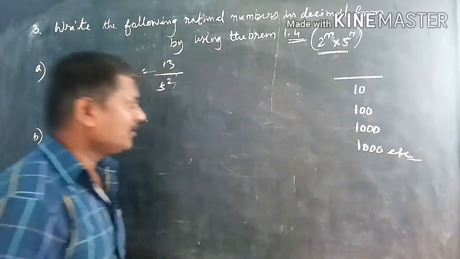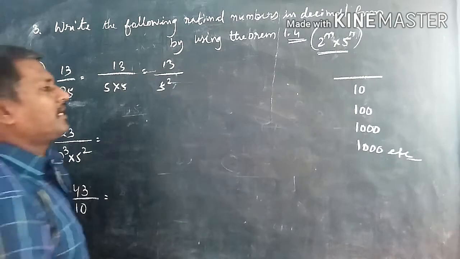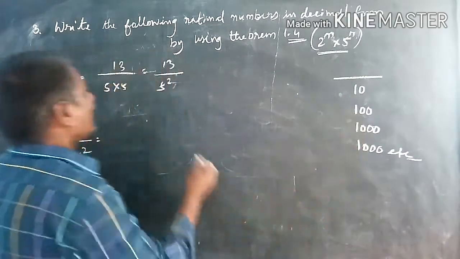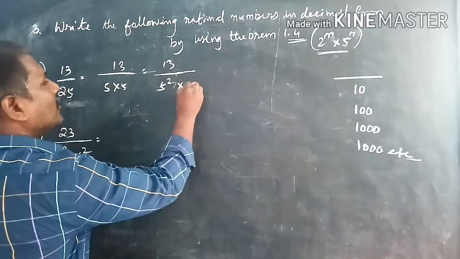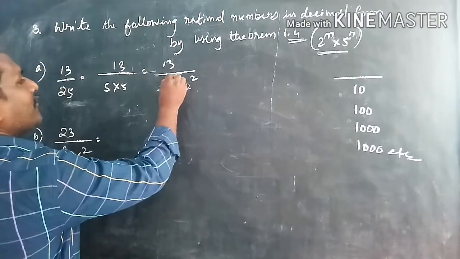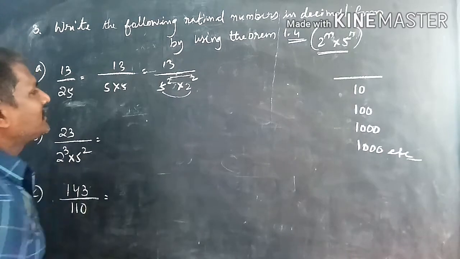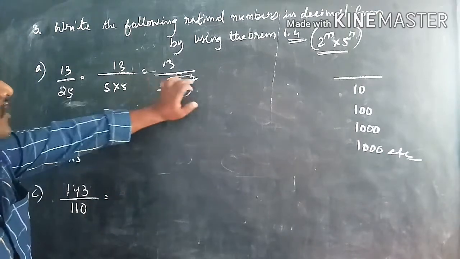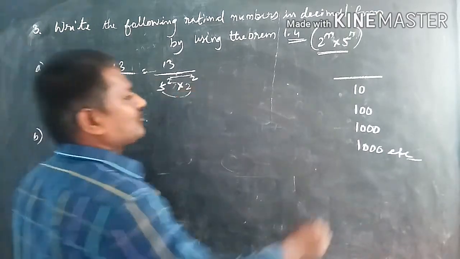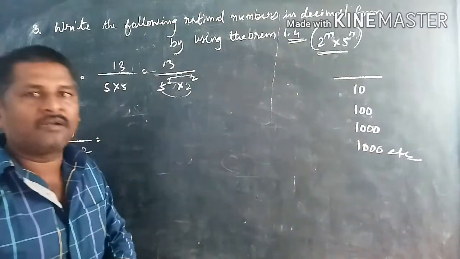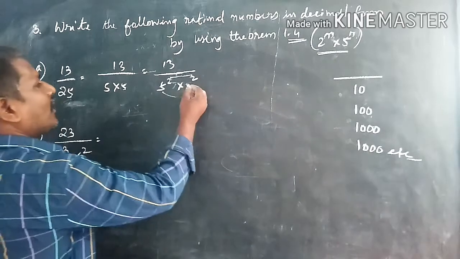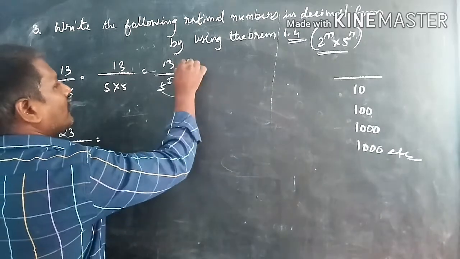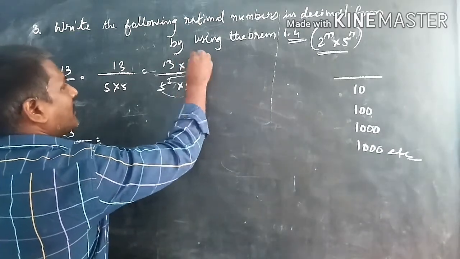So you have to make the denominator into 10 or 100. As it is given 5 square, you need to multiply by 2 square, because as the powers are the same, it can be multiplied very easily. 2 5s are 10, so it is 10 square. If it is 10 square, you get 100, and you can turn the given rational number into decimal form. So now you can multiply 2 square onto both the numerator and denominator.